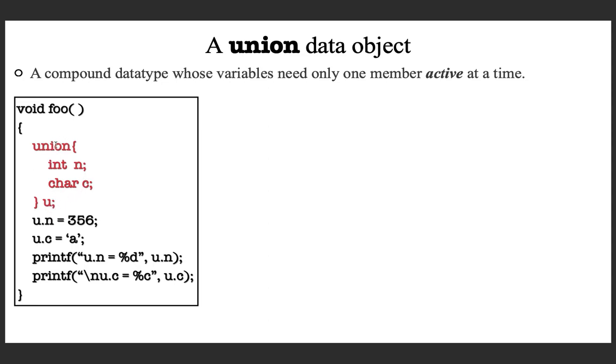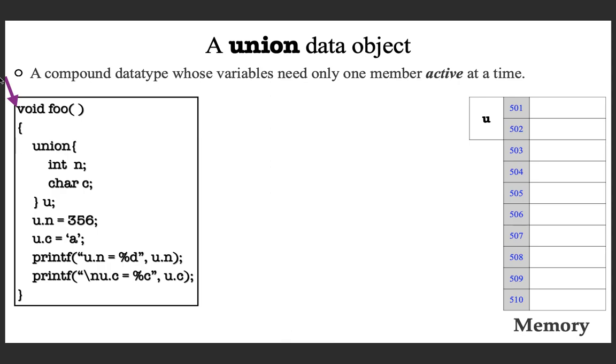The only difference when compared to the syntax for structure is that, rather than struct, you are using union. That is the only difference in the syntax. So you are declaring u as a variable of this union. That means at a time you can use either n or c, and that's it. And now suppose this function is being called during the execution of a program.